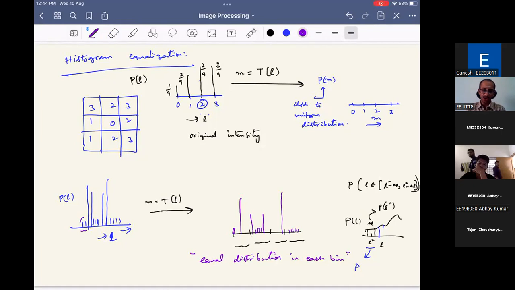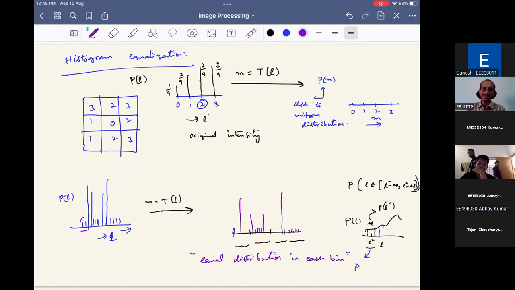You see that the spread now, wherever there is a high frequency, you will get enough space so that it can be very well distinguished from the other high frequency pixels. So the contrast will increase. The low frequency pixels, if there are very few, you can group them together, because they anyway don't make much difference. So in terms of visualization, that's how it happens through histogram equalization.